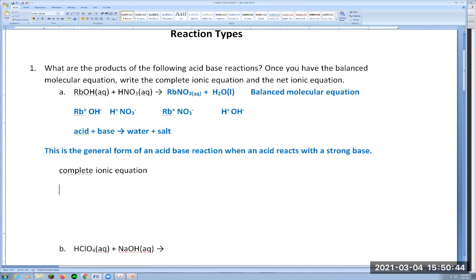But the rest, everything is soluble. And so everything will be in the form of the ion. So I can copy that and rewrite this. And we have the arrow here in between.